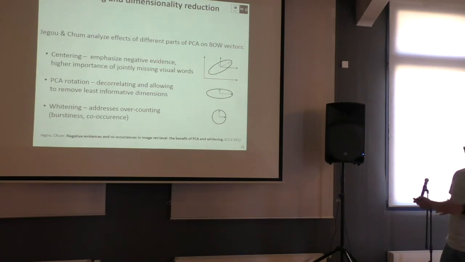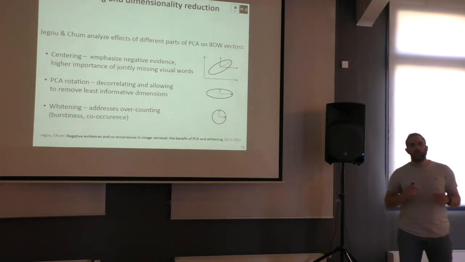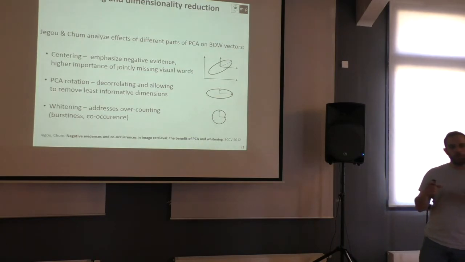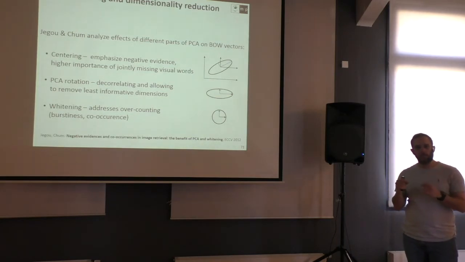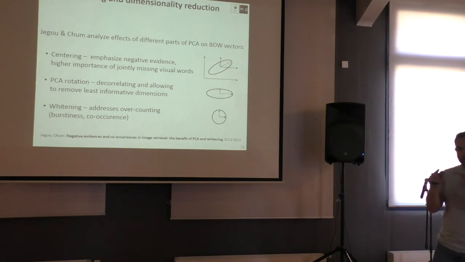So you do the centering, or just subtract the mean, to move the center to the center of the data, which comes in useful because then negative evidence, or 2 representations having zeros at the same places, will actually give a positive vote, which means that we don't only count where the images have the same values, we also count where they don't have a value.